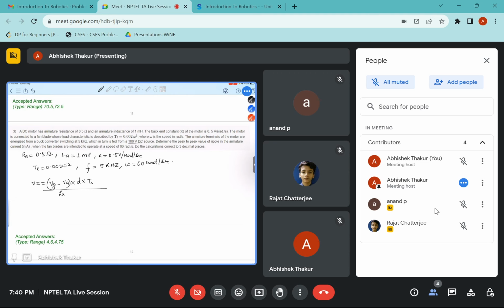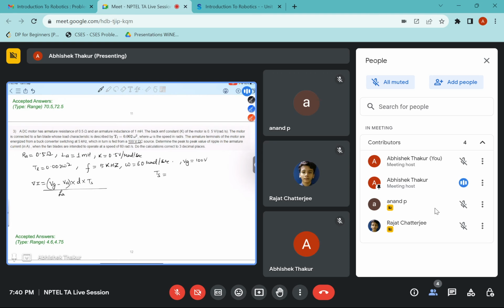Vg is already given, that is the source voltage, 100 volt. La is also given, and after we get Va, we can find D, and Ts is already given.